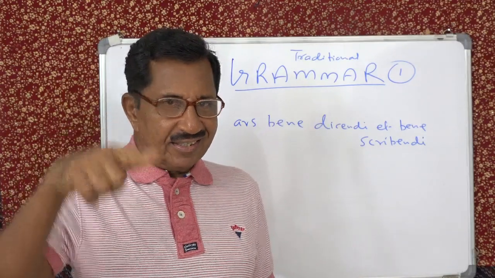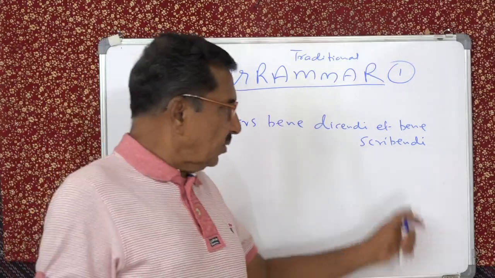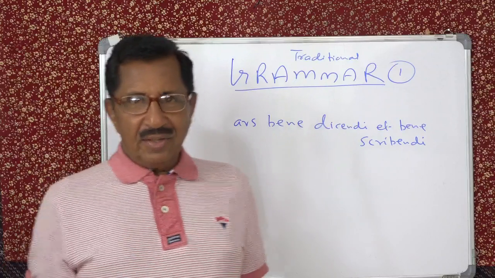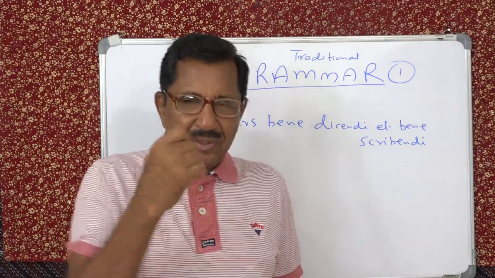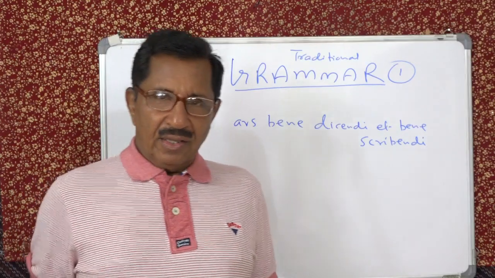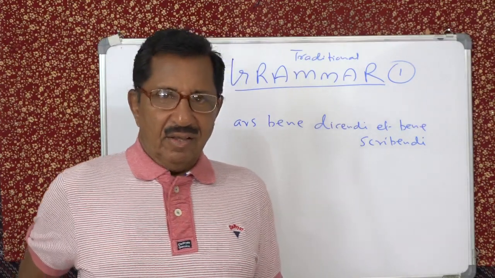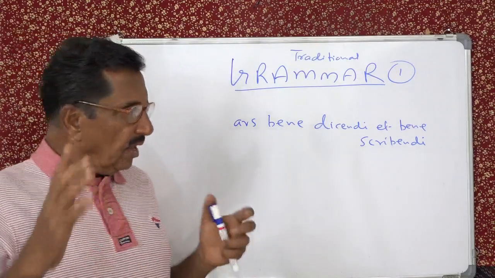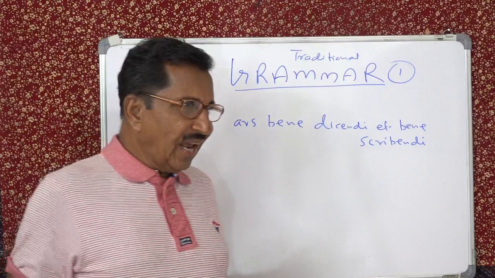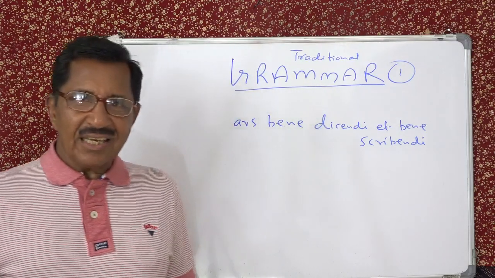And bene means good. Scribendi means write, from scribere: script, answer script, you see. That means what you write. So the ancient definition of grammar is ars bene dicendi et bene scribendi.